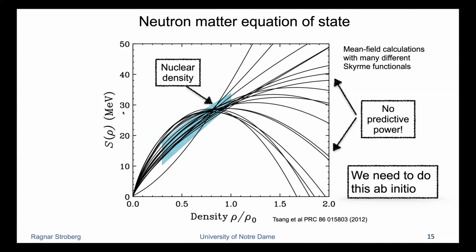I'll talk about this next week a little bit more, but there is a very nice feature when you do these calculations ab initio: when you go to pure neutron matter, just because of Pauli blocking, a lot of the unknown parameters don't enter.